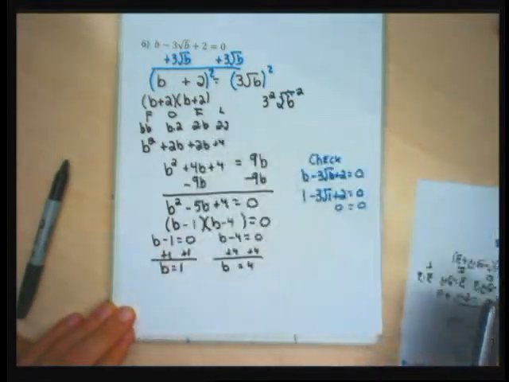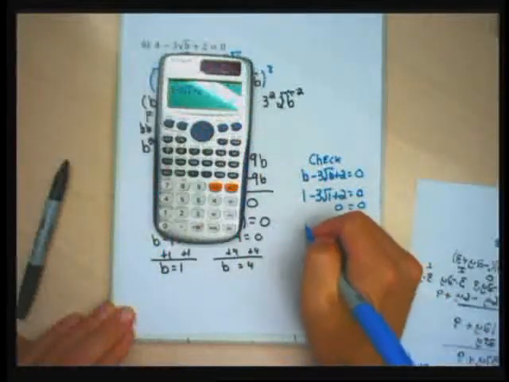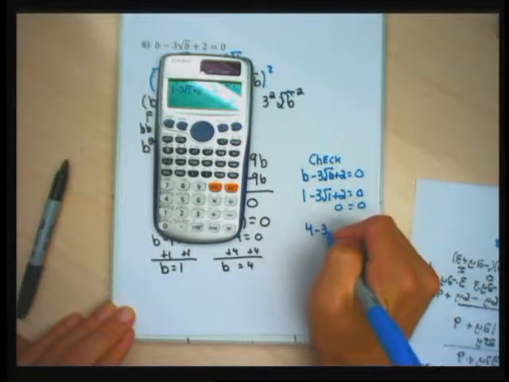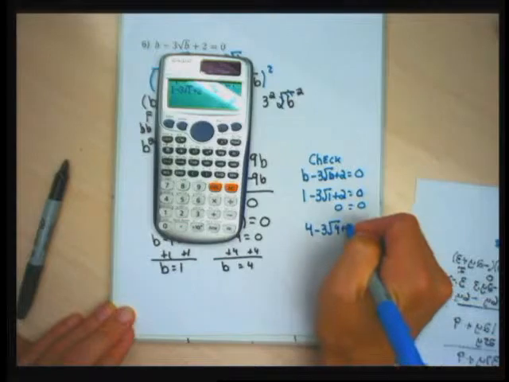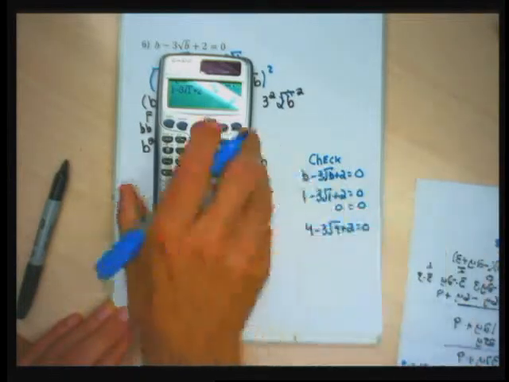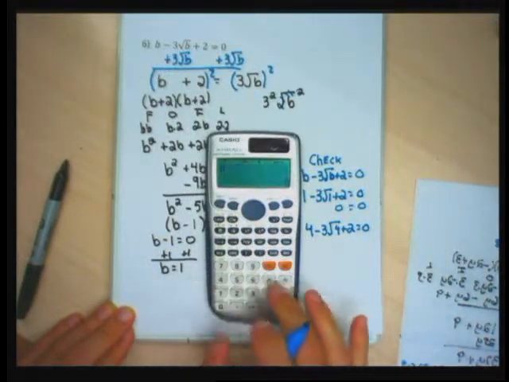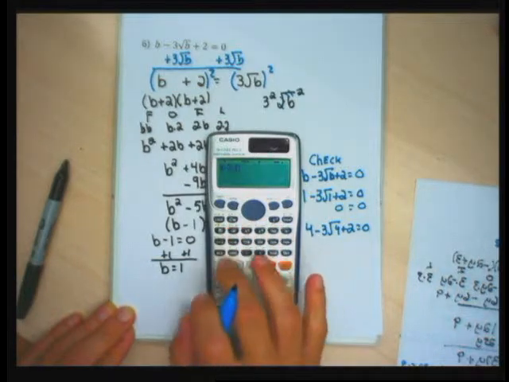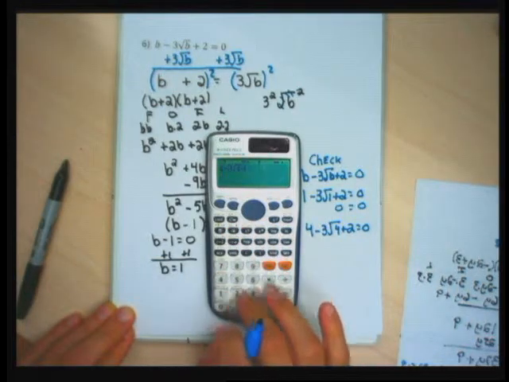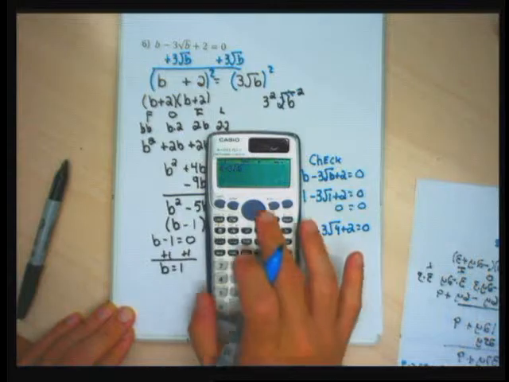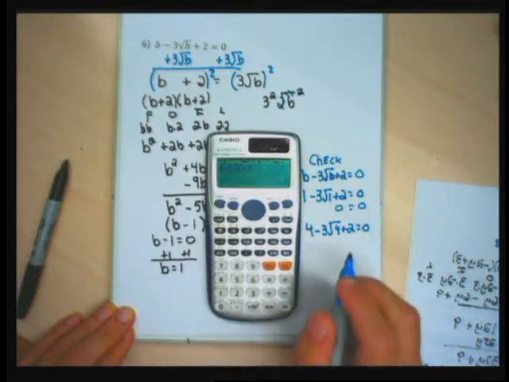The other solution I came up with is 4, so I need to check: is 4 minus 3 square root of 4 plus 2 equal to 0? I think that one checks too. 4 minus 3 square root of 4 plus 2. That one also works.